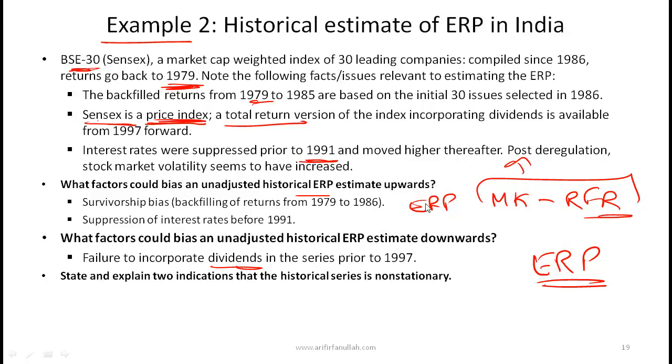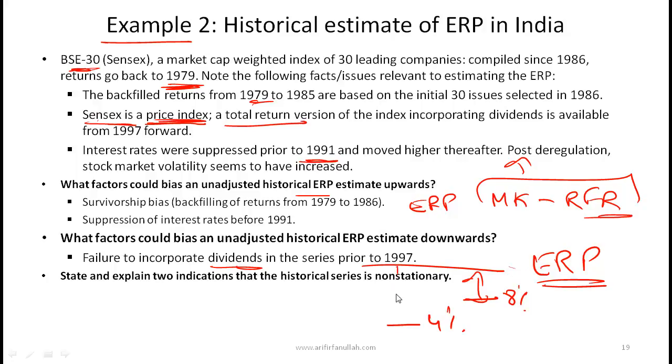So in 1991, once the economy was opened up a little, that's when the volatility changed. High volatility doesn't mean non-stationary. The change in volatility means non-stationary. What else? Yeah, so if the risk-free rate initially was, I don't know the exact numbers in India, but let's say initially it was 4%, and then the risk-free rate bumped up to an average of 8%, and let's say these are the market returns.